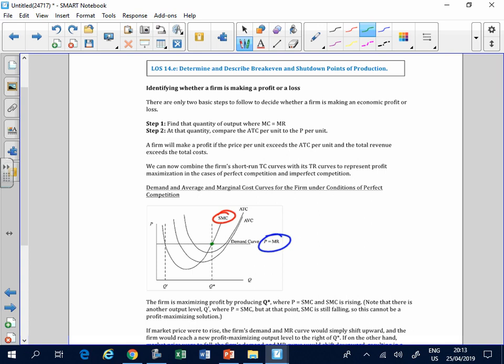There's two types of costs, fixed and variable. You add them together, you get total cost. Now, for that number of units, you divide by the quantity, so there's average total cost. So what you do is you take that dotted line down to where the average total cost curve is. You draw it across. Now what this tells you is that this company is making profit.